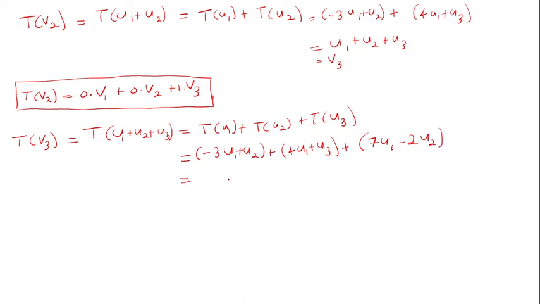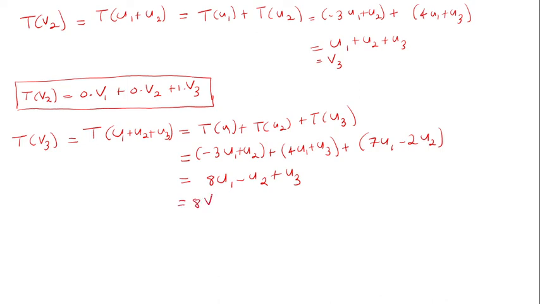And if you simplify this, you will get 8U1 minus U2 plus U3. Right. Now you need to insert U1, U2 and U3 in terms of V1, V2 and V3.